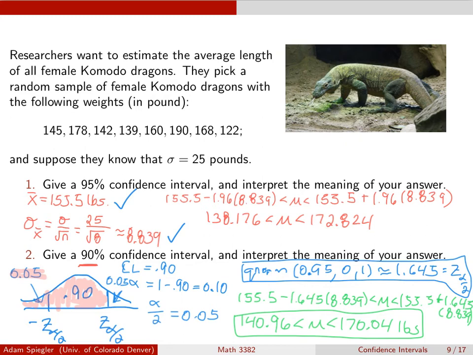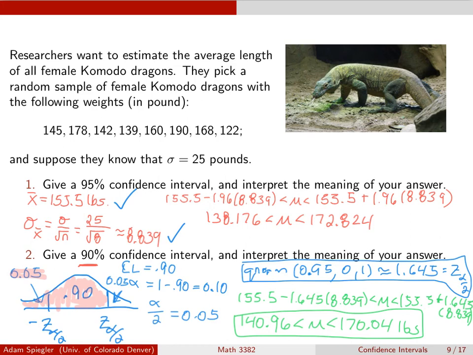We would interpret this as saying that the interval from, say, 141 pounds up to 170 pounds has a 90% chance of containing the population mean weight for all female Komodo dragons. So we adjust now the percentage success that we attach to this interval. Now this is only 90%.